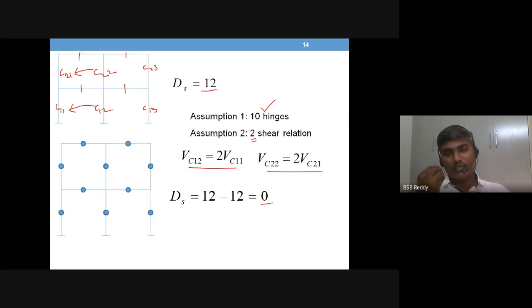Again, assumption 1 proposed by Smith for the Portal method of analysis is that each member will have the point of contraflexure at the middle. Second assumption is that interior column shear is equal to 2 times the exterior column shear. So these are the 2 assumptions.